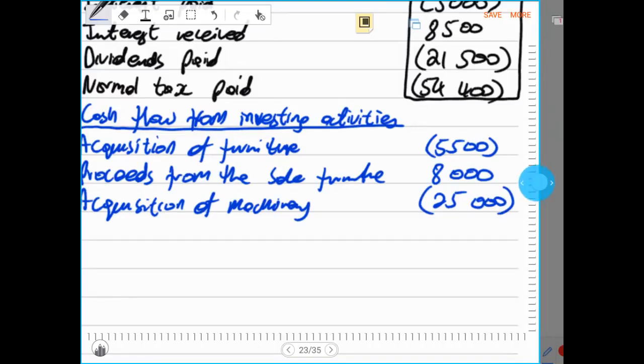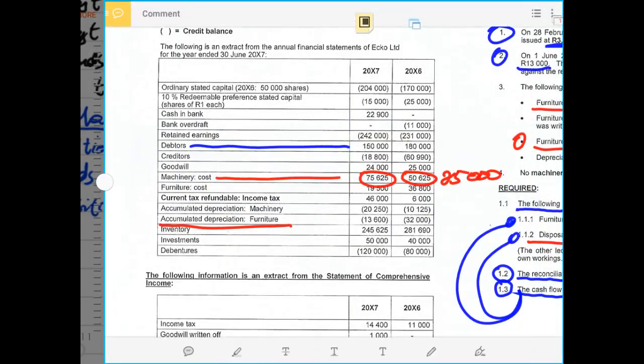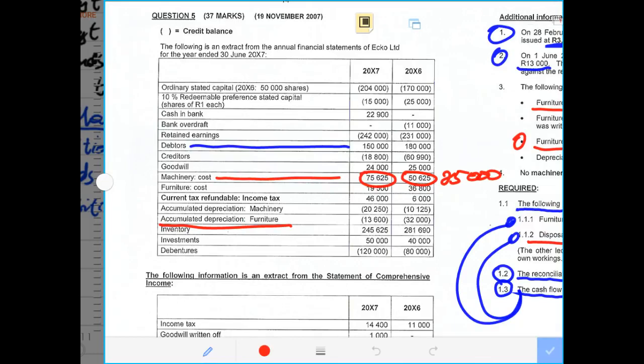Then now we look for another asset that might still be there in the extract of the statement of financial position. Any other asset? If we look down, there is investment. Investment is an asset. The second line item in the statement of financial position, it is 50,000 rands in the current year and 40,000 rands in the previous year.